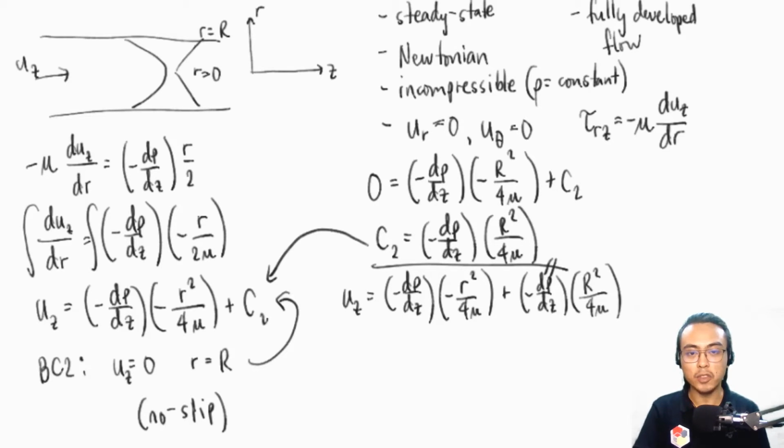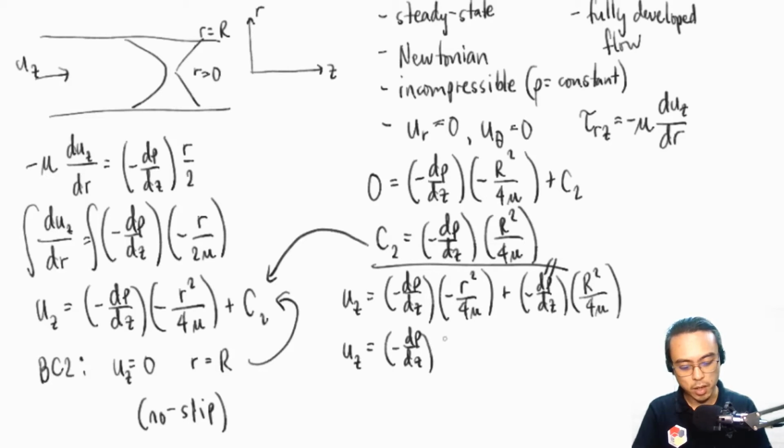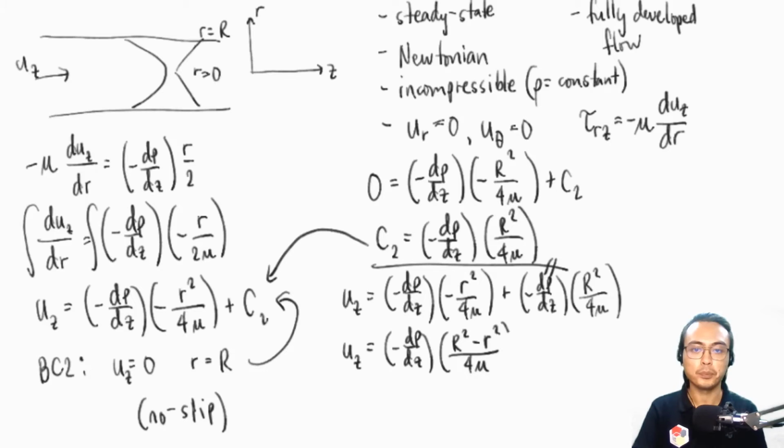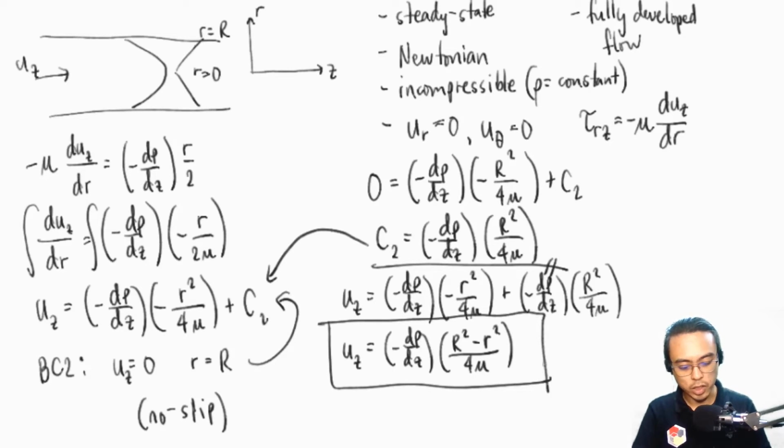Now, since negative dp over dz is a common factor, we can factor it out and further simplify. U sub z becomes negative dp over dz times big R squared minus small r squared all over 4 mu. This is now our full velocity profile.